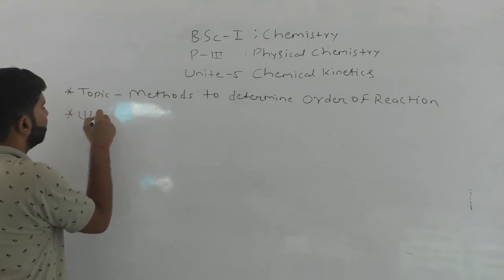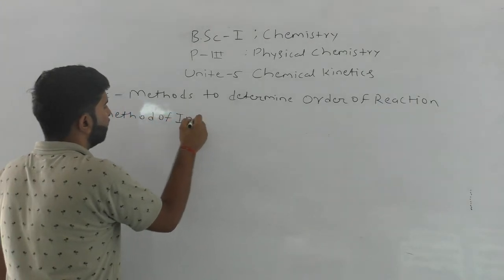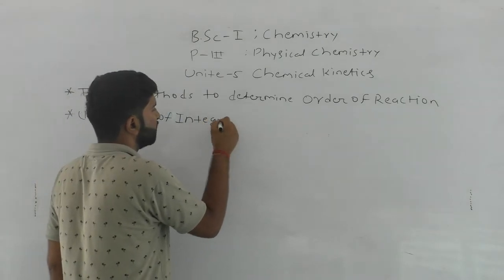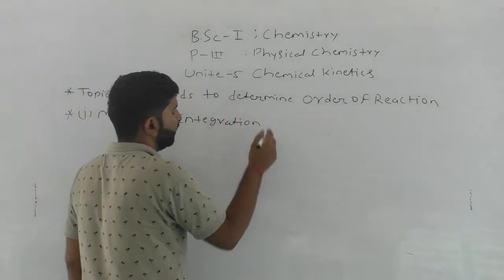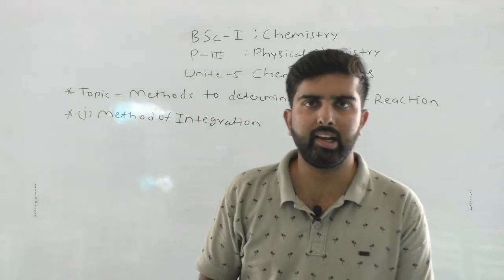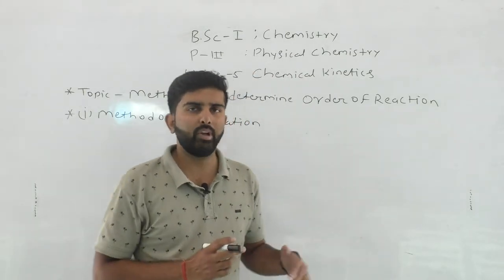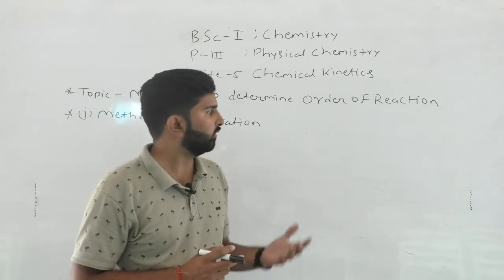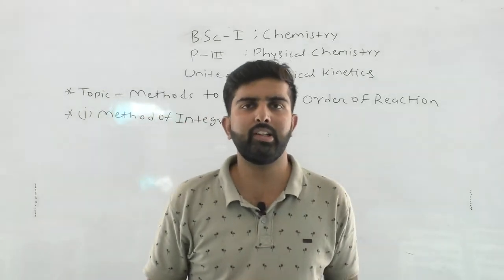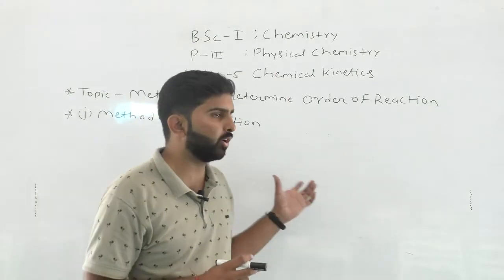First is the method of integration. In this method, first we analyze our chemical reaction, then we put the observations which we get from the analysis into the zero order, first order, second order or nth order integrated rate laws.